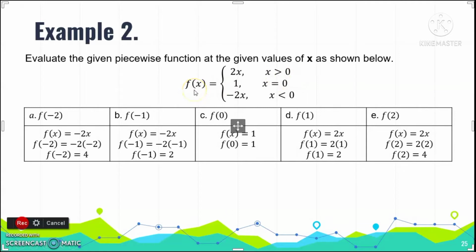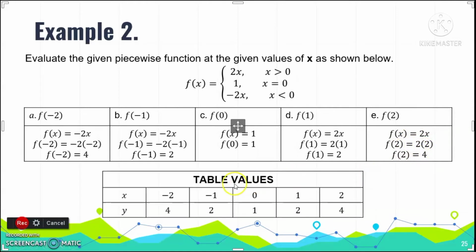Therefore, we're going to use f of x is equal to 2x. Substituting the value of x, 2 times 1 is equal to 2. Letter E, f of 2. 2 is greater than 0, therefore we're going to use f of x is equal to 2x, therefore 2 times 2 is equal to 4.